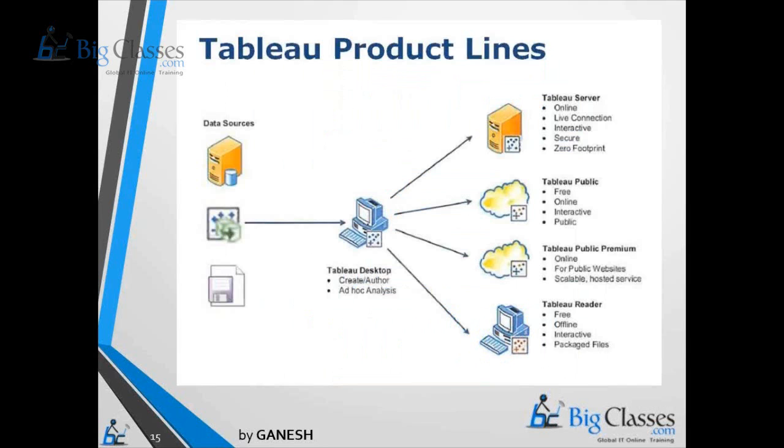Okay, and these are the Tableau product lines, because Tableau has a mixture of different layers: Tableau Desktop, which is the core of the business of Tableau, Tableau Server, Tableau Public, Tableau Premium, which I can call Tableau Online, as well as Tableau Reader.